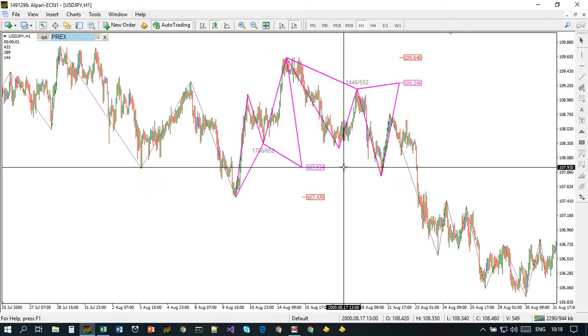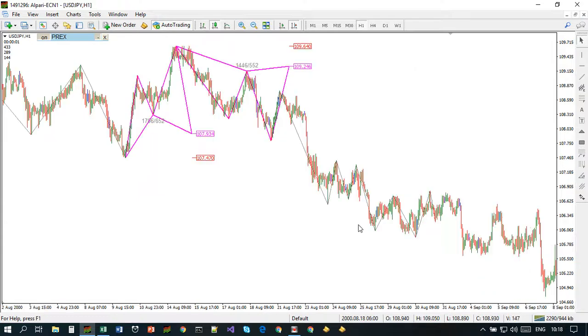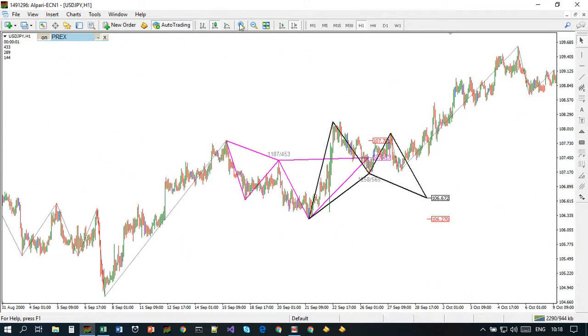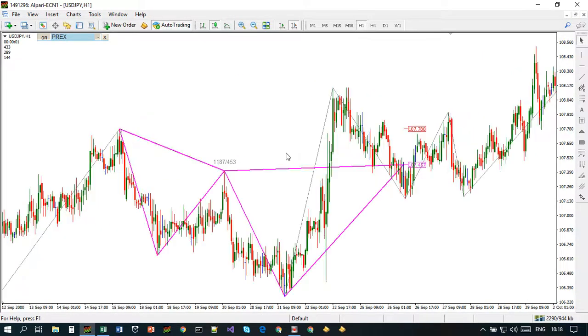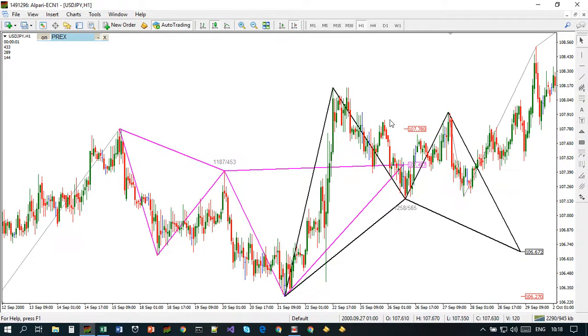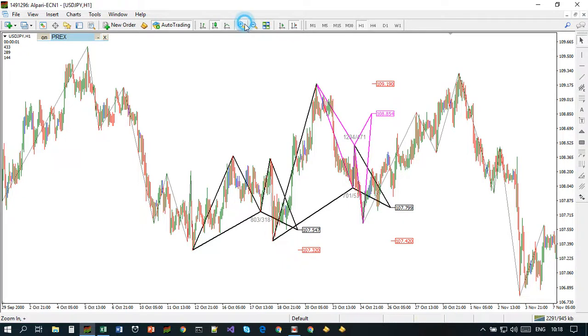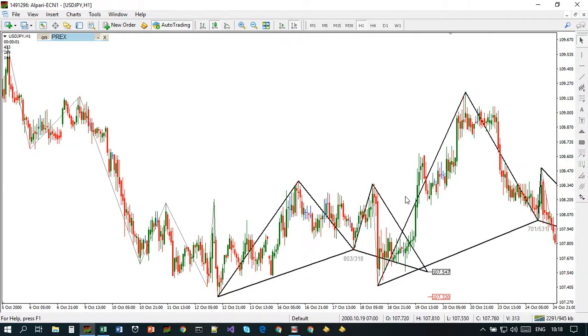On euro yen we already have a second test, and when we try to re-enter it means that we should wait for a third test or fourth test, and third test means the consolidation. When we have a consolidation, price is likely to break to the direction it was moving previously.